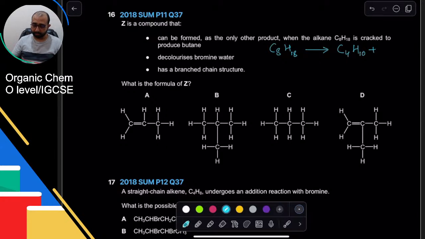So what should be the other thing? Just count them. I have 4 carbons here, total 8, so there will be 4 more. And this one has 10 and the total has 18, so there will be 8 more. So there you go. It must be C4H8. We will see what its structure is. Sure, I will slow down, don't worry.